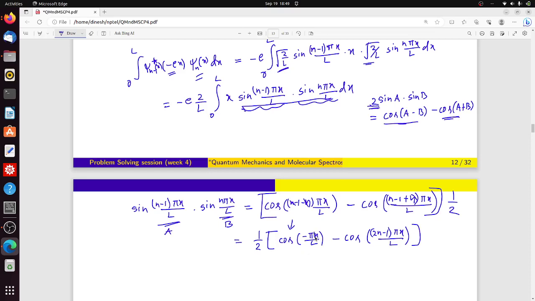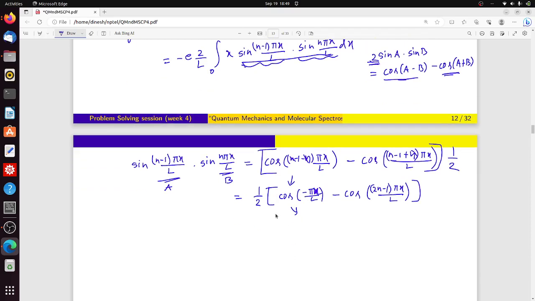So cos of minus theta, what can I do about it? Is cos an even or odd function?